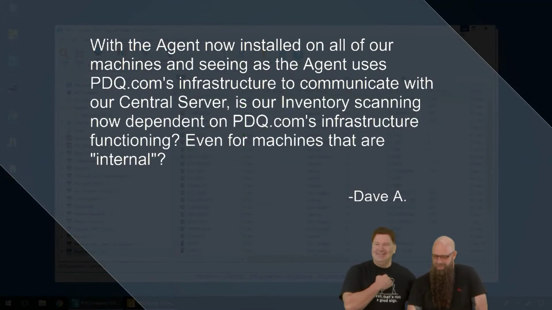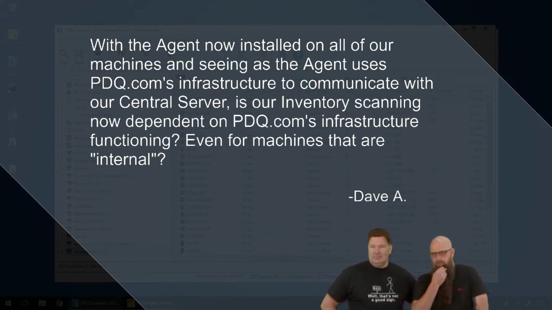What do we have? Dear Shane and Lex, with the agent now installed on all of our machines, and seeing as the agent uses PDQ.com's infrastructure to communicate with our central server, is our inventory scanning now dependent on PDQ.com's infrastructure functioning, even for machines that are internal? Just kind of wondering.